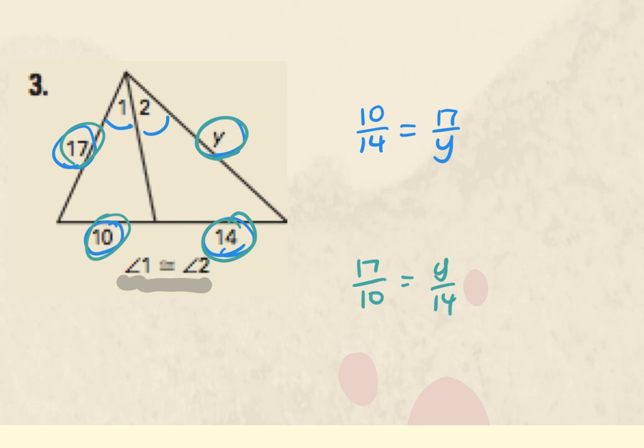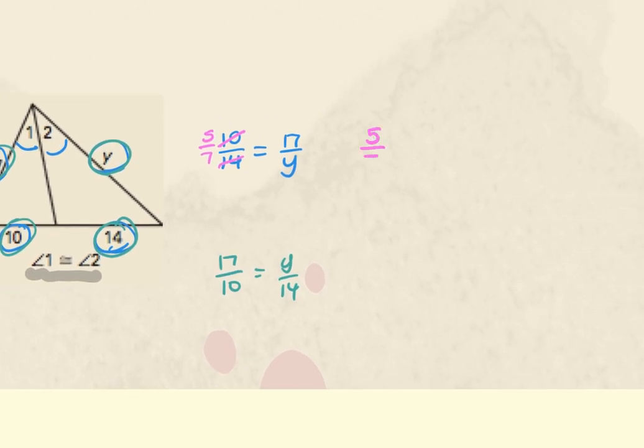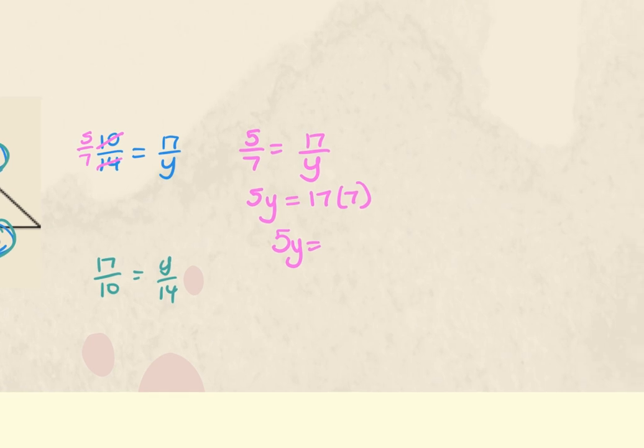Since you can simplify that top one, I would start there. This would be 5 to 7. So 5 over 7 would equal 17 over y. And then cross multiply. 5 times y would equal 17 times 7. 5y would equal 119. And then I would divide both sides by 5.